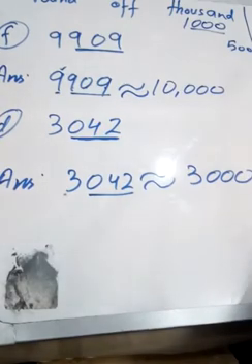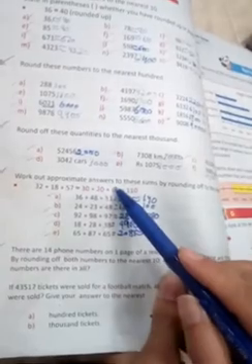Now I am going to explain you the next question, which is question number 4. Question number 4, I am going to read it here. Work out approximate answer to these sums by rounding off to the nearest 10.